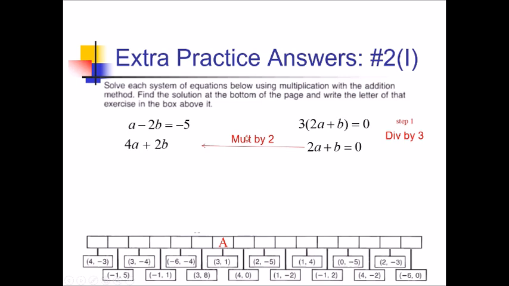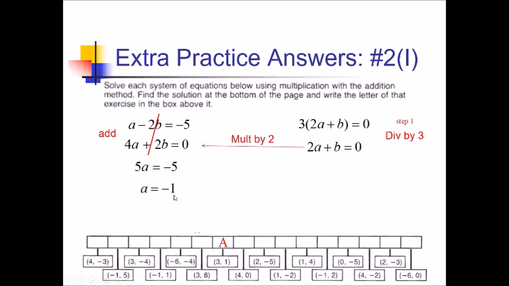That's why I multiplied by 2. And 2 times 0 is still 0. Now adding these equations together, we can cancel out those b's. a plus 4a gives us 5a. And negative 5 plus 0 is still negative 5. Dividing both sides by 5, we end up with a equals negative 1.